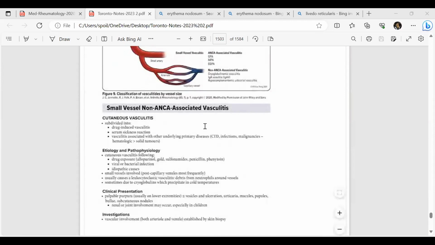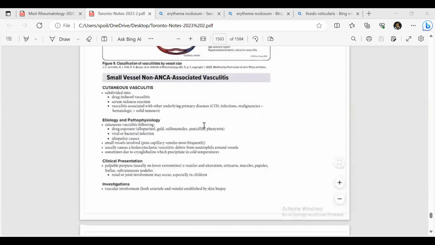Now, small vessel non-ANCA associated vasculitis, cutaneous. It is divided into drug-induced, serum sickness reaction, and vasculitis associated with other underlying primary diseases such as infections, malignancy, and hematologic or solid tumors.